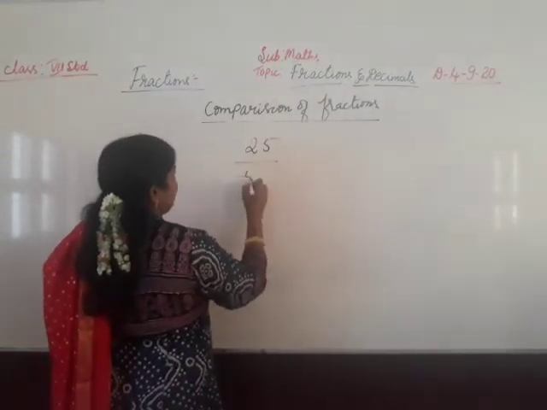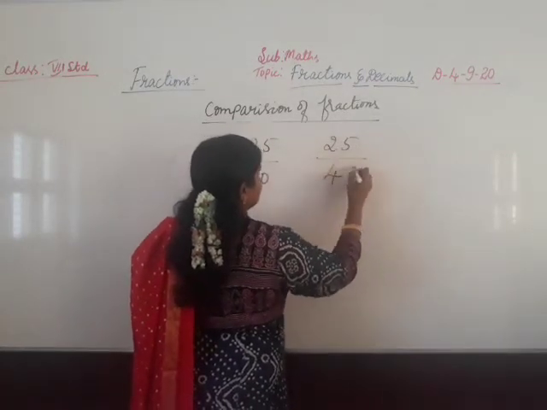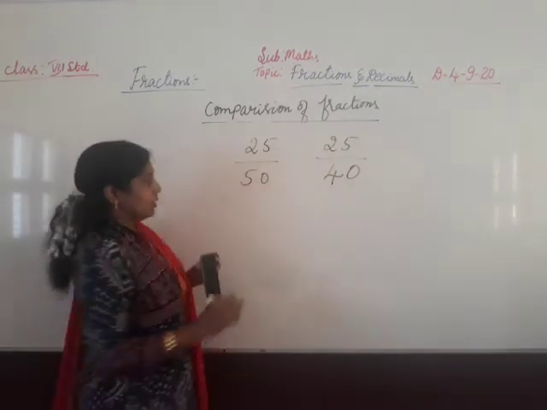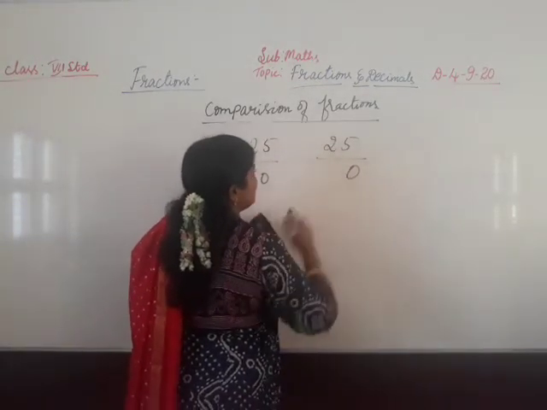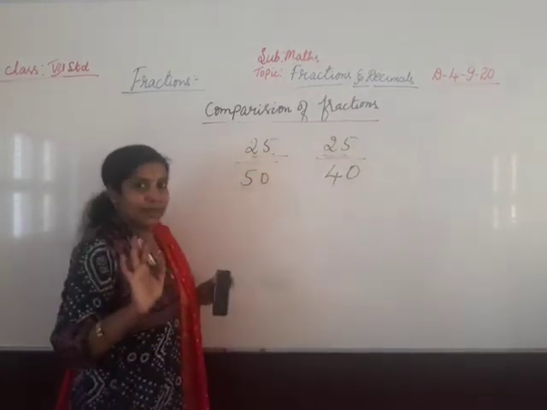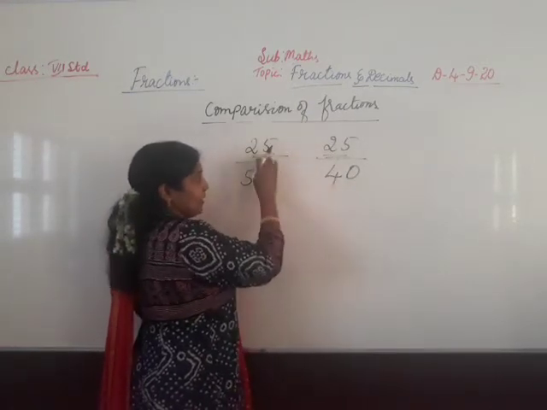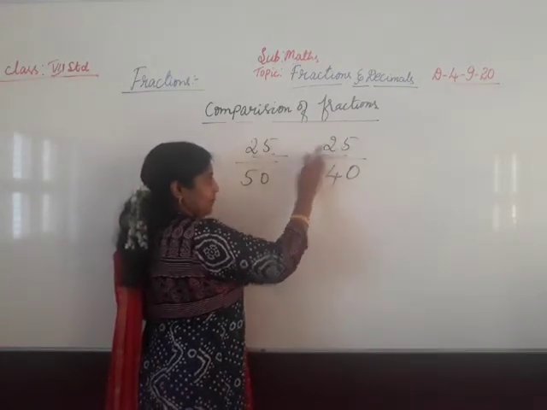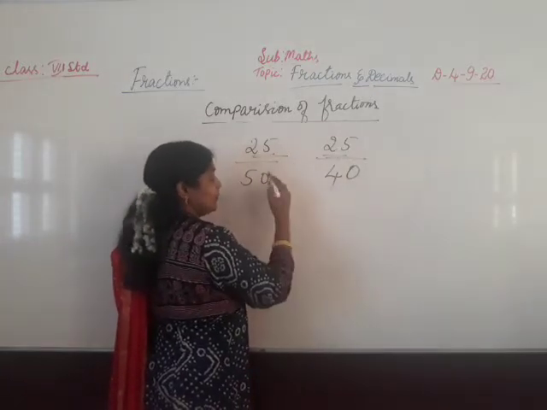25 by 50, 25 by 40. Here numerators are the same, no need to compare the numerators, but compare the denominators 50 and 40. When numerators are the same, 50 gives the lesser value, 40 gives the greater value.